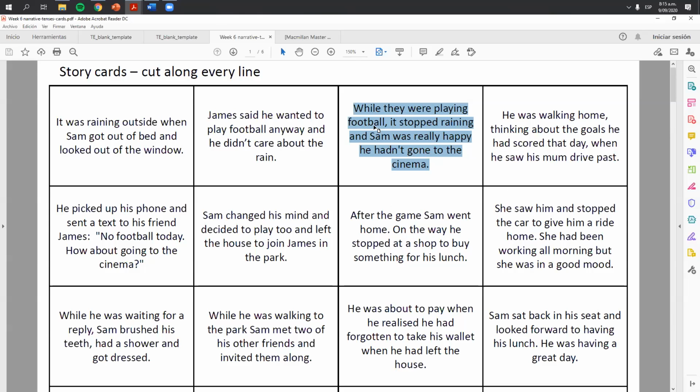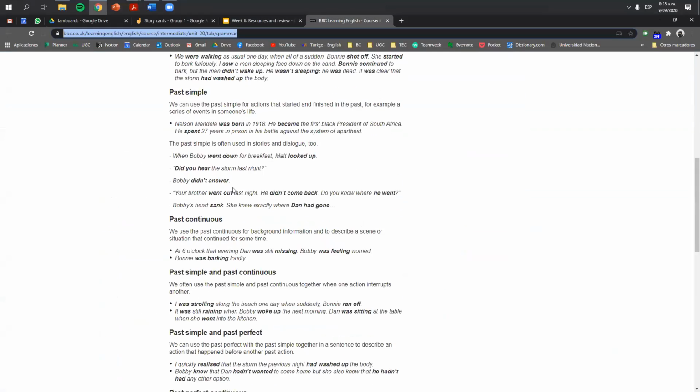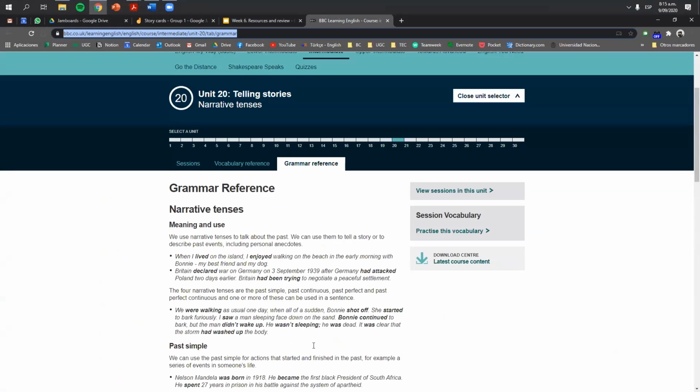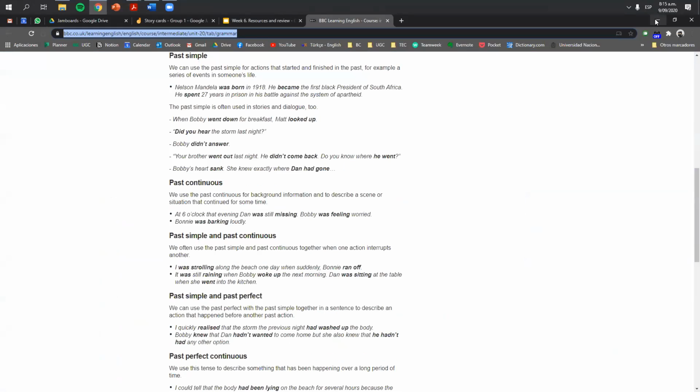So once again, as you can see, and this is something that happens all the time, we have different narrative tenses interacting. That's why we need to be aware of their differences. And that's why I share with you this source. This source is super important for you to keep in mind with this grammar reference.